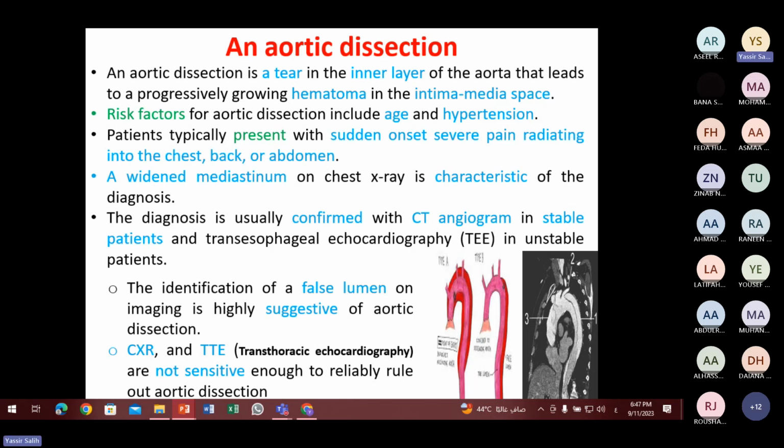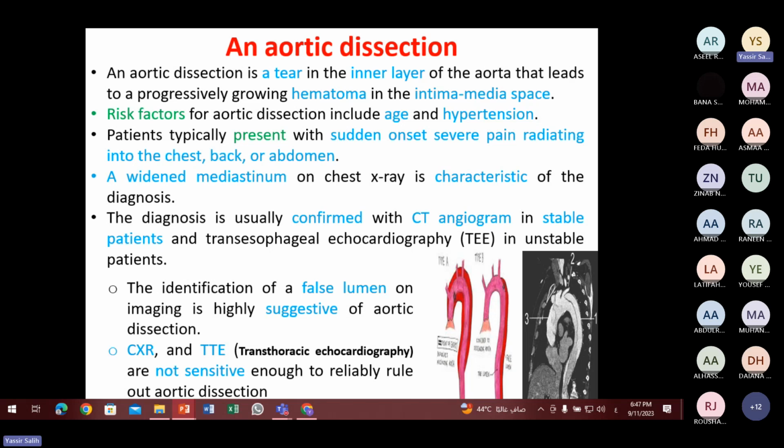Look at this diagram. The blood is normally in the lumen, but if a tear occurs like this, blood escapes from the normal lumen and fills the false lumen. So we get a dissection.